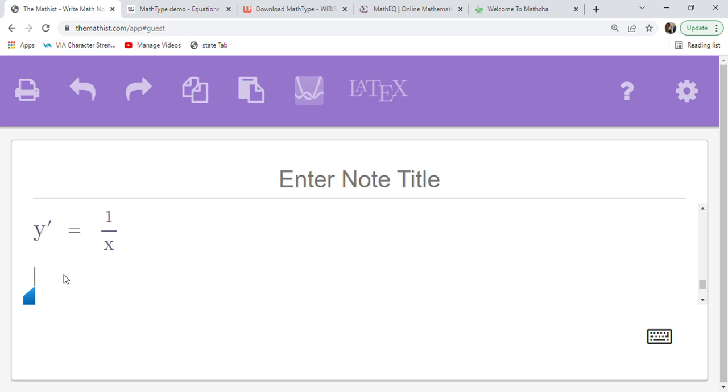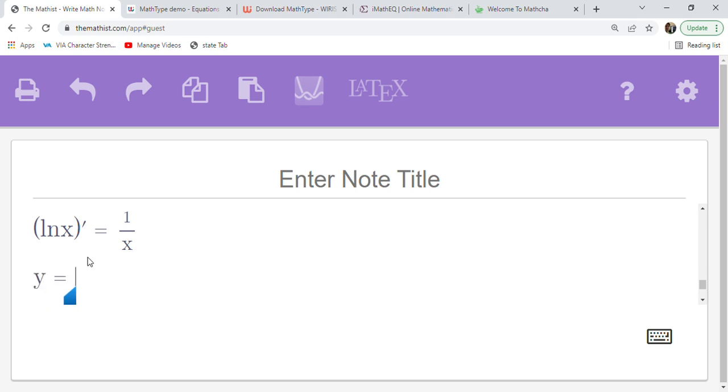This derivative, y equals ln x, actually opens up more than just this to us. Now that we know the derivative of ln x is 1 over x, we can do more with that.